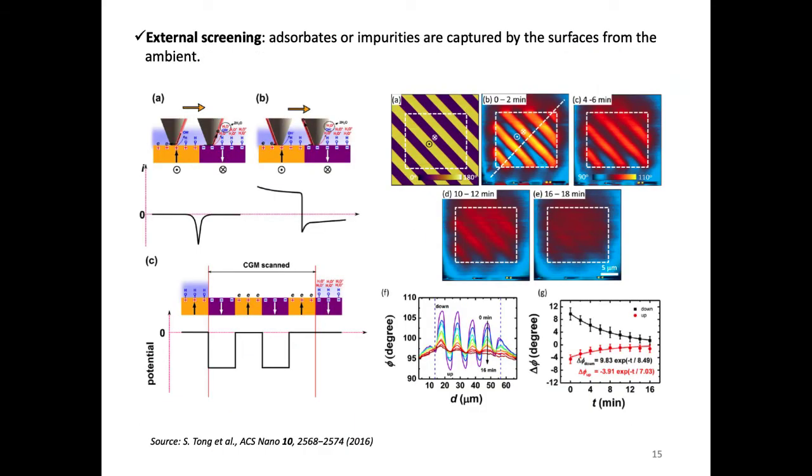Another interesting example comes from my own work with my postdoc, who I co-advised with Andreas Rosenfeld, about the external screening. So for periodically poled lithium niobate, you can see that adsorbates or impurities like hydroxyl or hydronium ions are captured by the surfaces from the ambient.